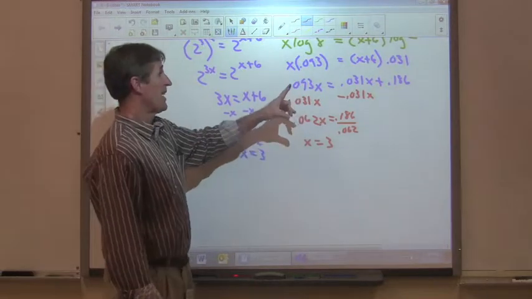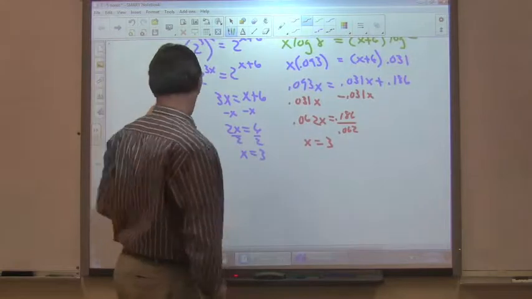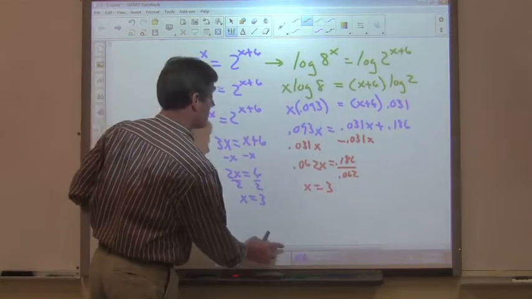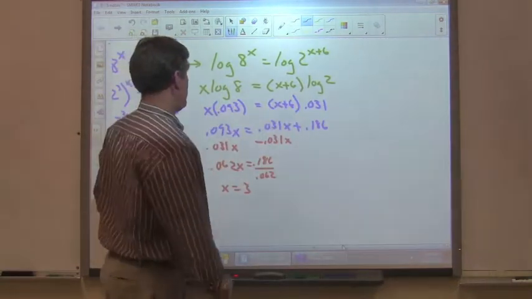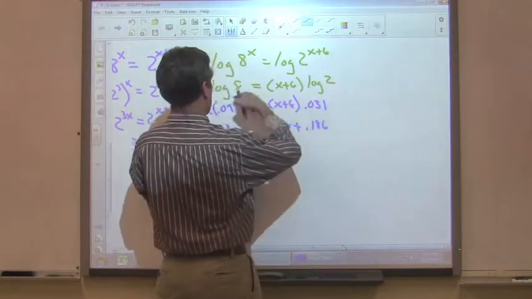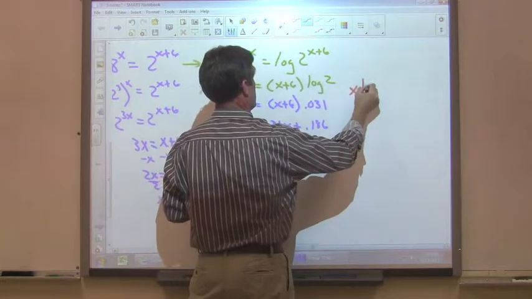Now, personally, you can change these logarithms as soon as you get the chance. But what I like to do when I'm doing these is leave it as a logarithm right here and just go, now I'm going to divide by log 2. So I'm going to take this.